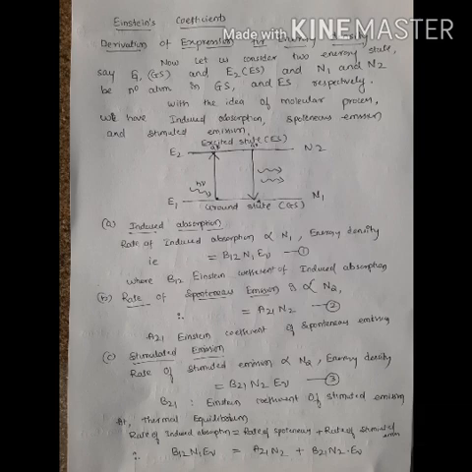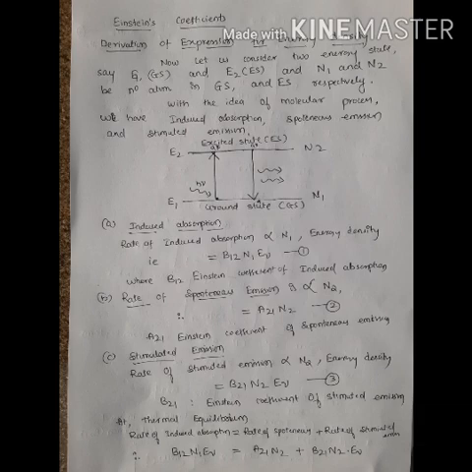Now we are familiar with molecular processes such as induced absorption, spontaneous emission and stimulated emission. So this is the graphical diagram, the energy level diagram. E1 and E2 are the ground state and excited state, N1 is the number of atoms present in the ground state, and N2 is the number of atoms present in the excited state.